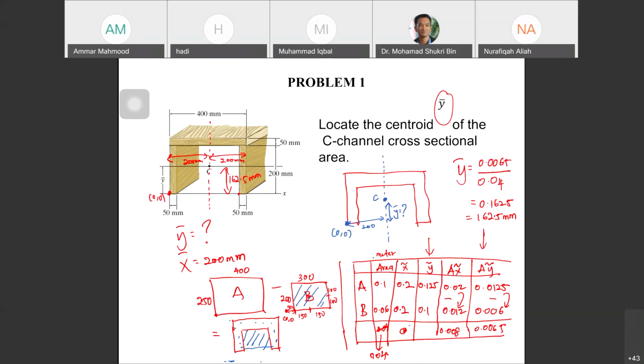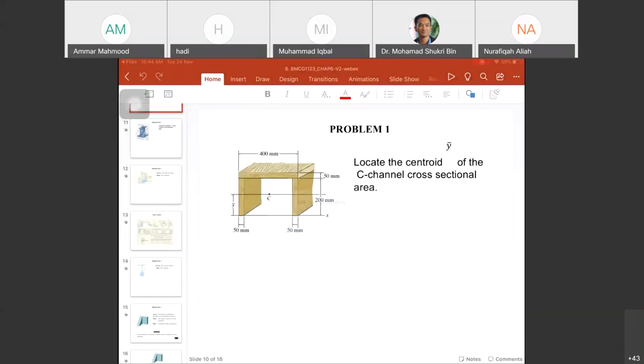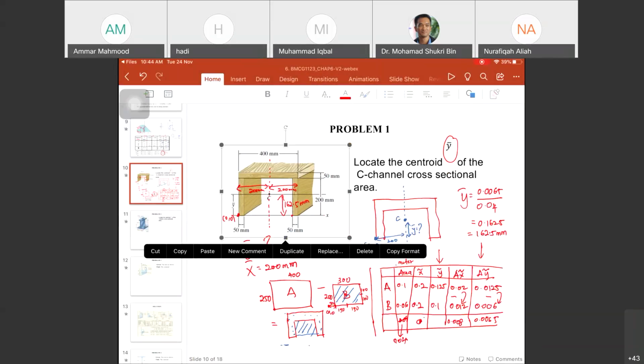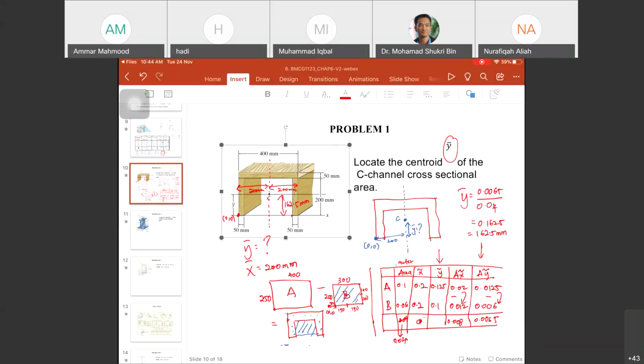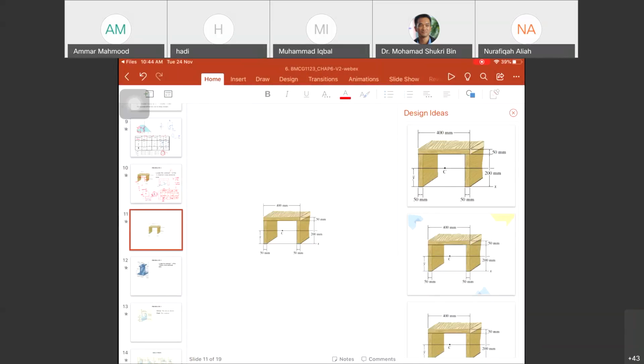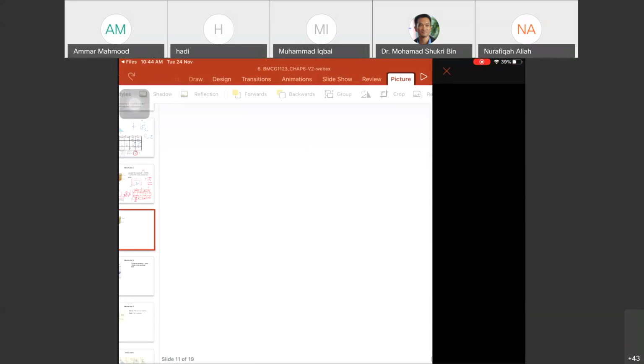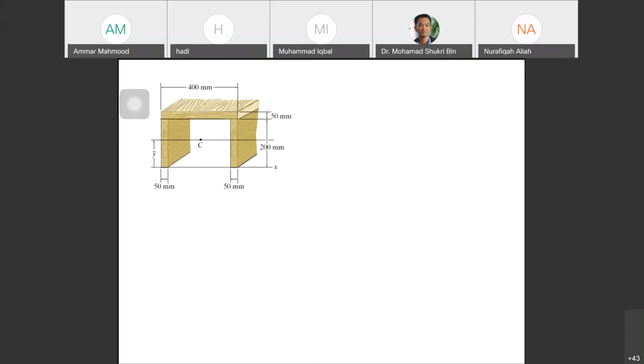I will show you one more example. If we do option number 1, is it easier? If we do option number 1, you can also have here A, here B, and here C. Let's say we do option 1.